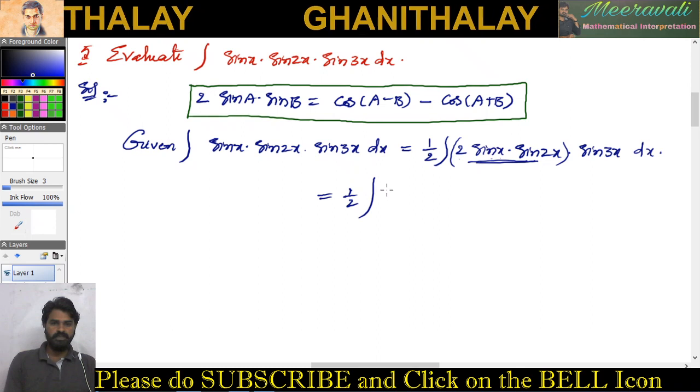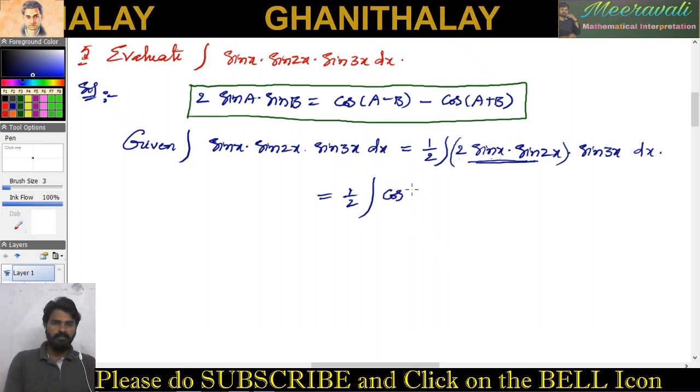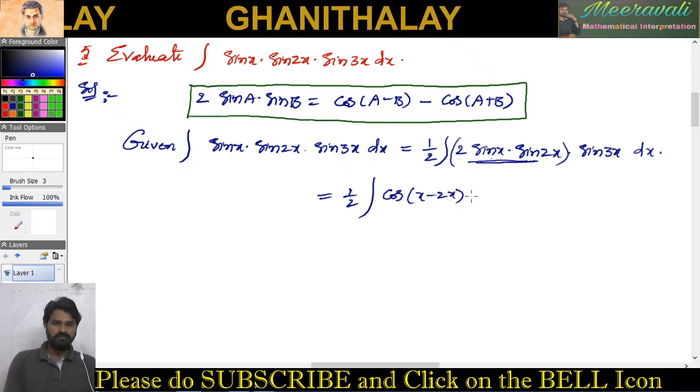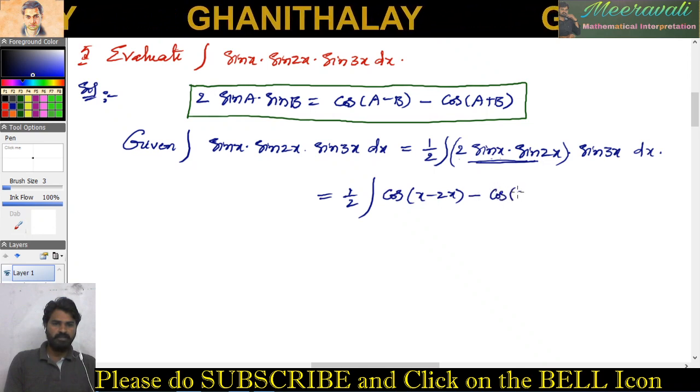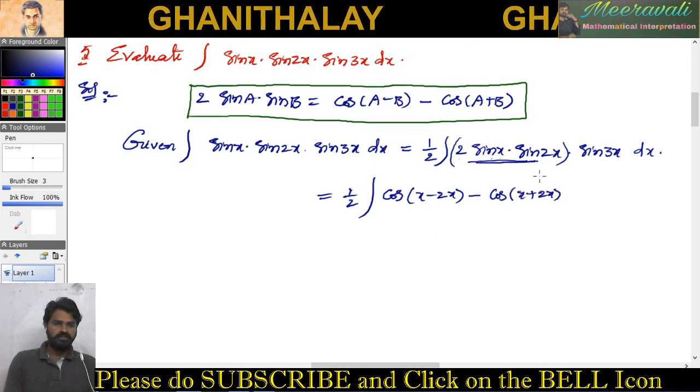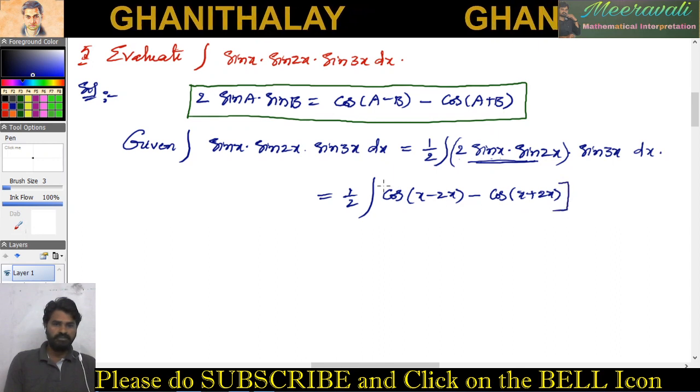Now you can put here cos of A minus B, x minus 2x, minus cos of A plus B, x plus 2x. So this is the value of first two product.